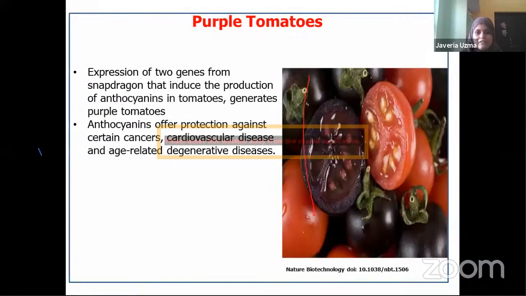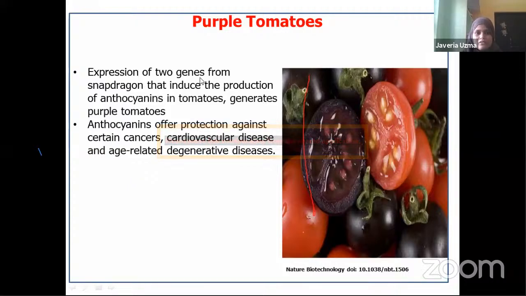Then coming to another application, production of purple tomatoes. So what is the need for producing purple tomatoes is it will accumulate anthocyanins. Purple tomatoes accumulate anthocyanins which offer protection against many diseases, life risk diseases like cancers, cardiovascular diseases, and age related degenerative diseases.